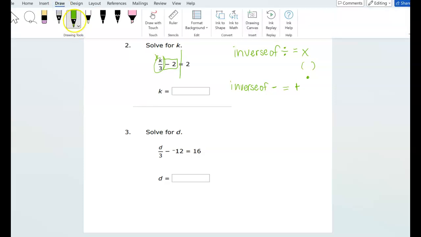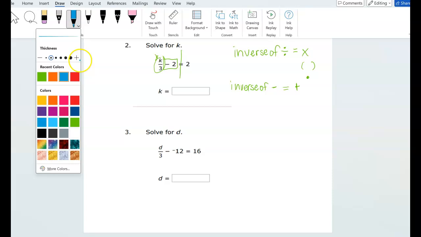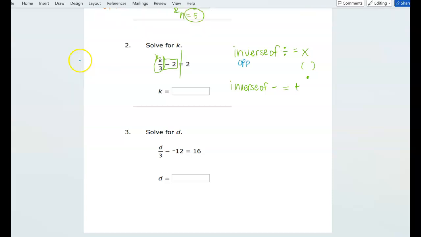Inverse again means opposite. All right, so what are we doing when we're subtracting or we have a negative? We're going to add. That's going to give us 0. And what we do to one side, we do to the other. We are adding 2, and so we get 4.